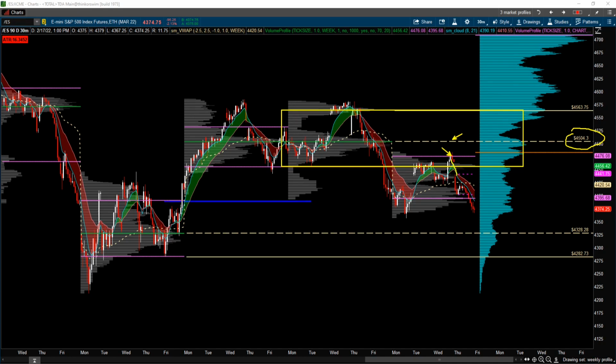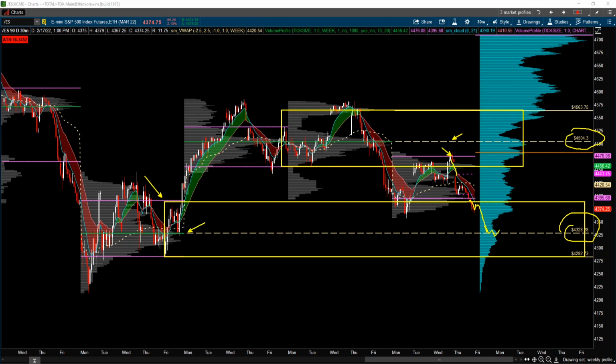Today it dipped back inside of this week's value area. So right now we're looking to see if it will continue to move down to this weekly point of control at 43.28. It's basically around 43.28, and then possibly chop around and move down to the 42.82.